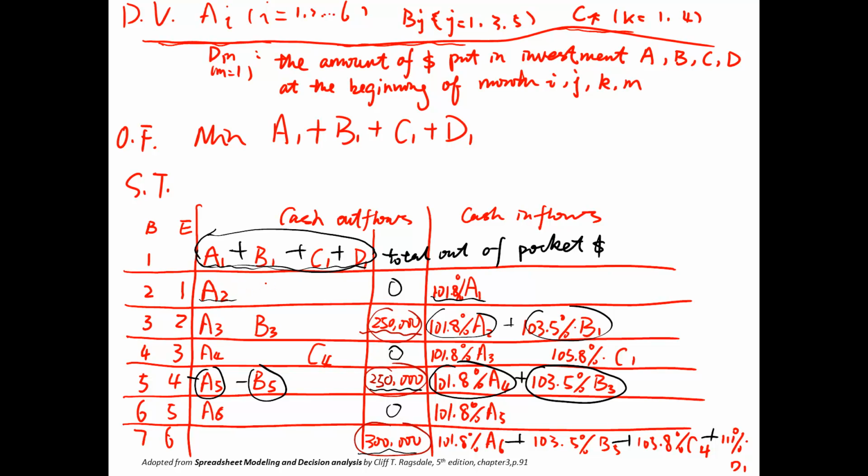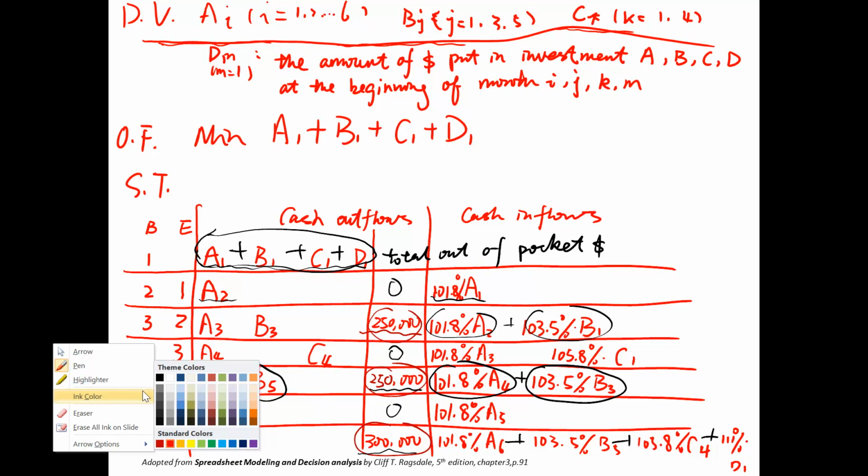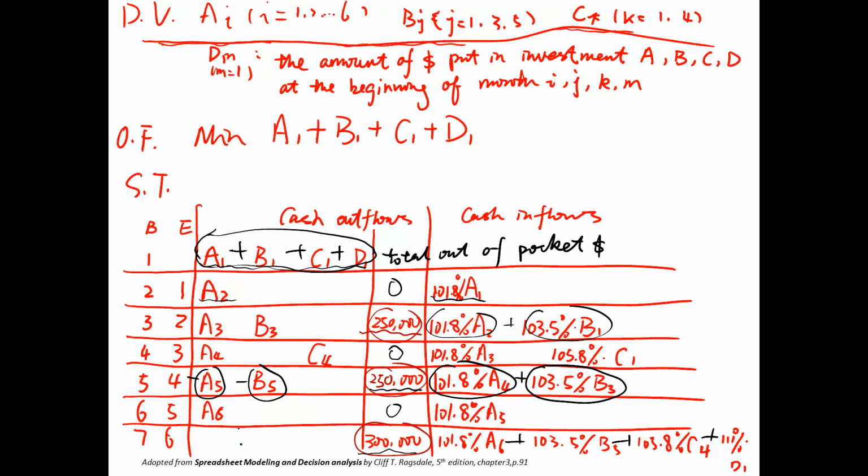So first constraint would be A2 needs to be less than or equal to 101.8% times A1.